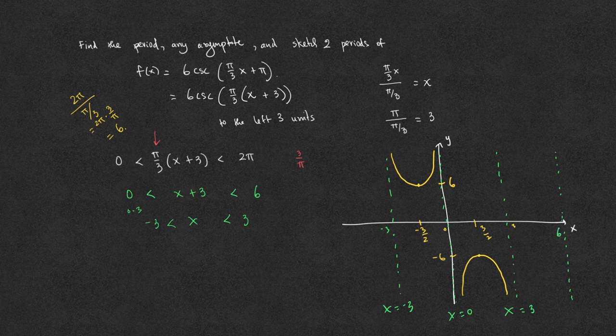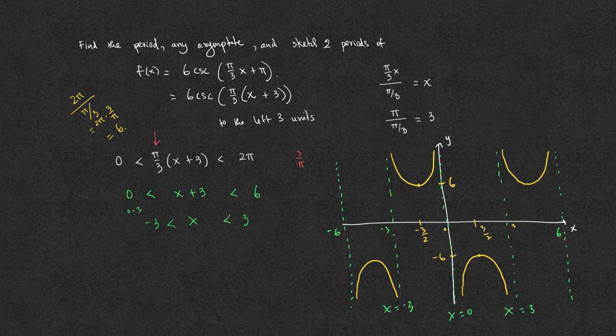Going from negative 6 to x equals negative 3 would give us half of the period as well. Using symmetry, we simply copy the graph of cosecant in these appropriate intervals.